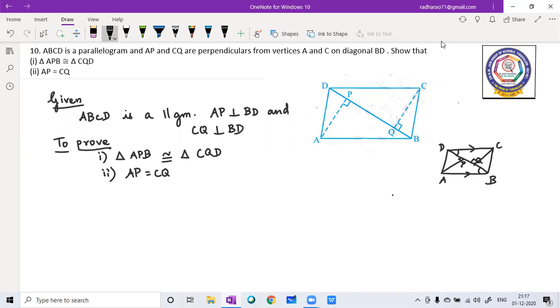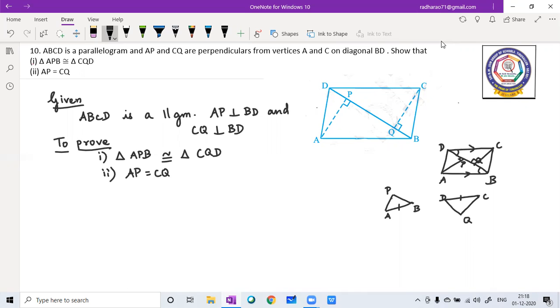So which triangles have to be proved congruent? APB and CQD. So let us take those 2 triangles, APB and CQD. You know, in a parallelogram, opposite sides are equal. So AB and DC are opposite sides of the parallelogram, so they are equal.